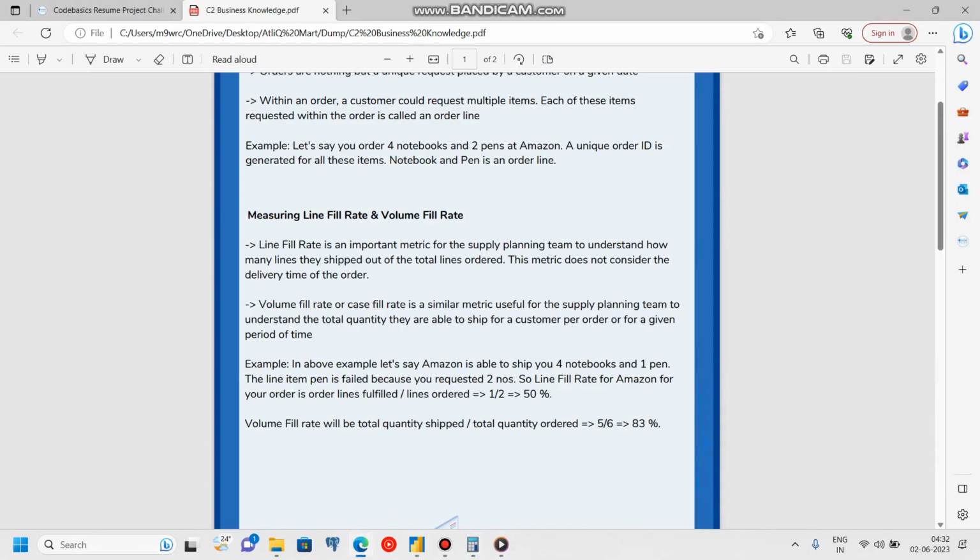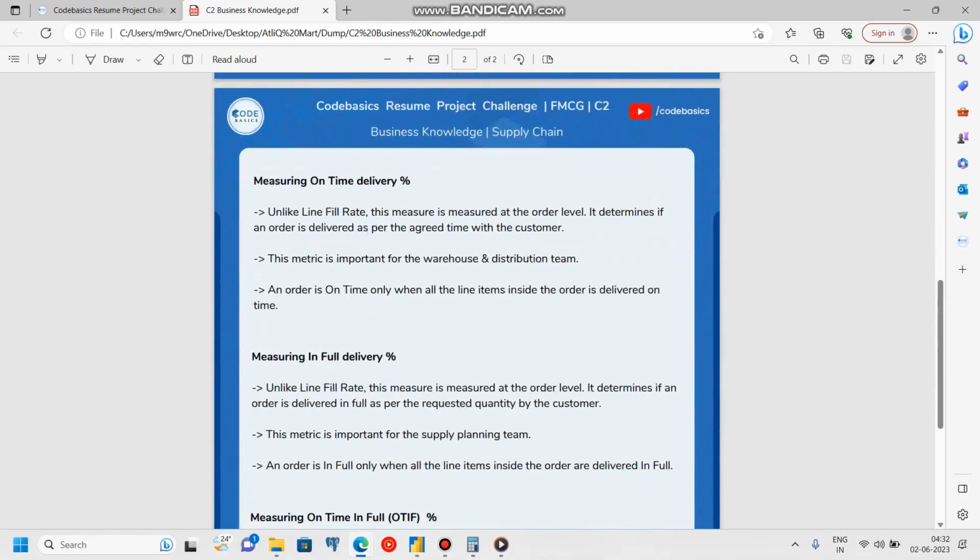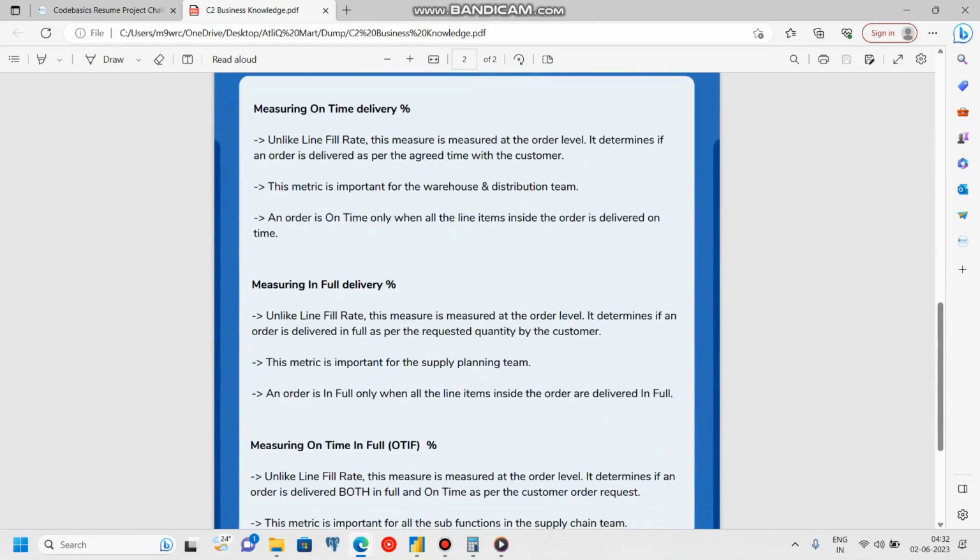Some of the other key terminologies that I have used in the dashboard include on-time delivery percent, which is referred to as OT% in the dashboard, which is nothing but the percentage of the orders that have been delivered on time.